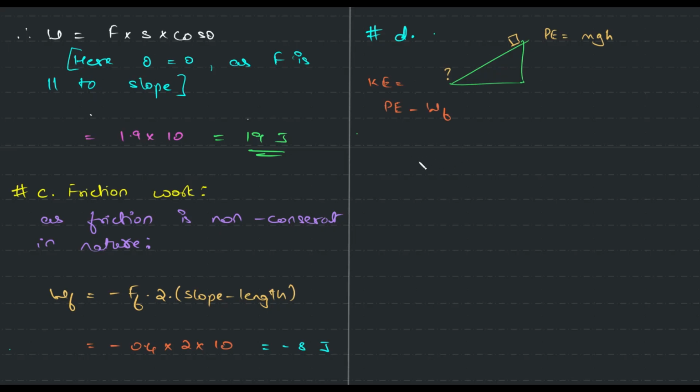Let me explain this. Kinetic energy at the bottom will be equal to potential energy at the top minus energy lost due to friction.